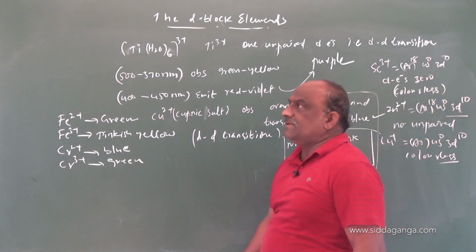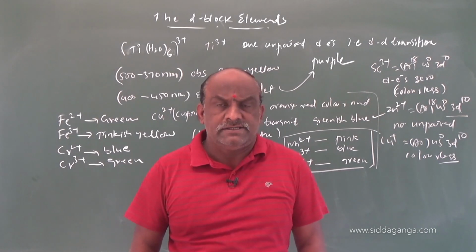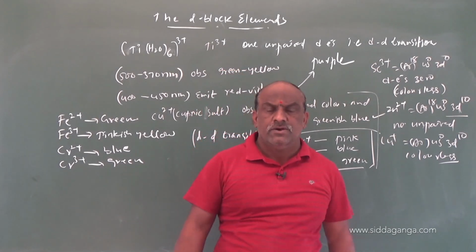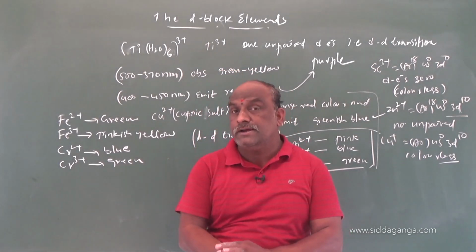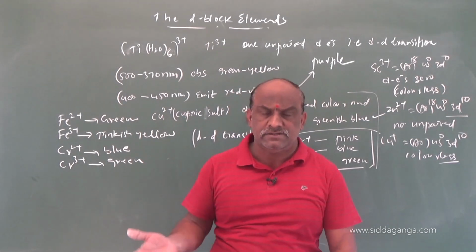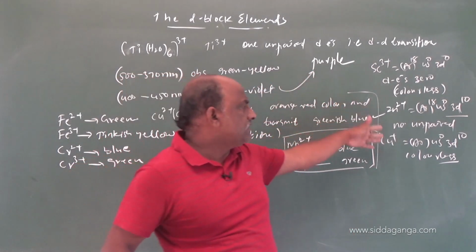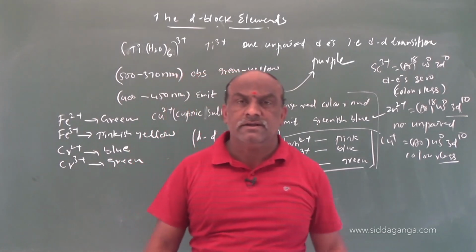So some examples are colorless due to the absence of unpaired d electrons. Scandium 3+, Zn2+ and Cu+ are in this category.